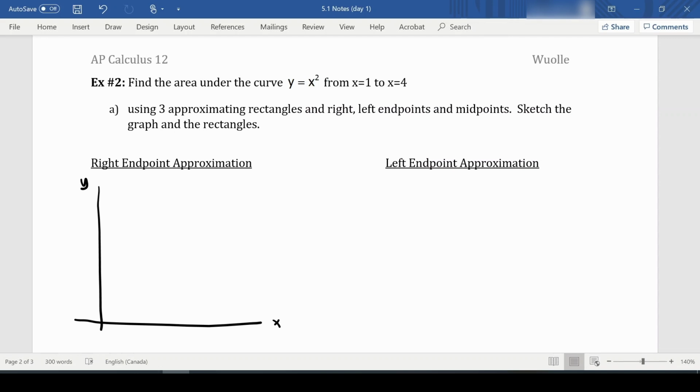Since we're going from 1 to 4, I'm going to go 1, 2, 3, 4. And it's y equals x squared, so I need to get all the way up to 16. I'm going to go 2, 4, 6, 8, 10, 12, 14, 16.